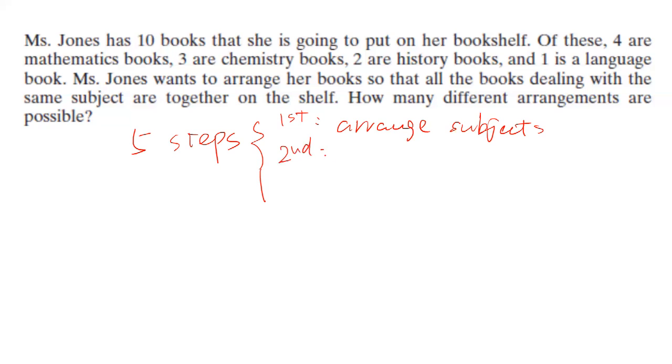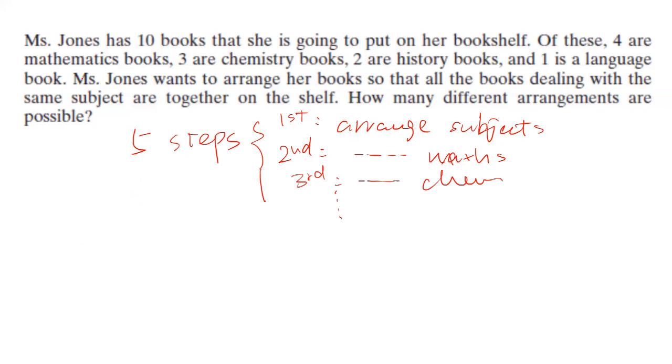So the second step is to arrange, how about mathematics books? And the third step is to arrange chemistry books, and so on. Right? So following this logic, we can use the rule of product, right? For the first step, how many different ways can we arrange different subjects?